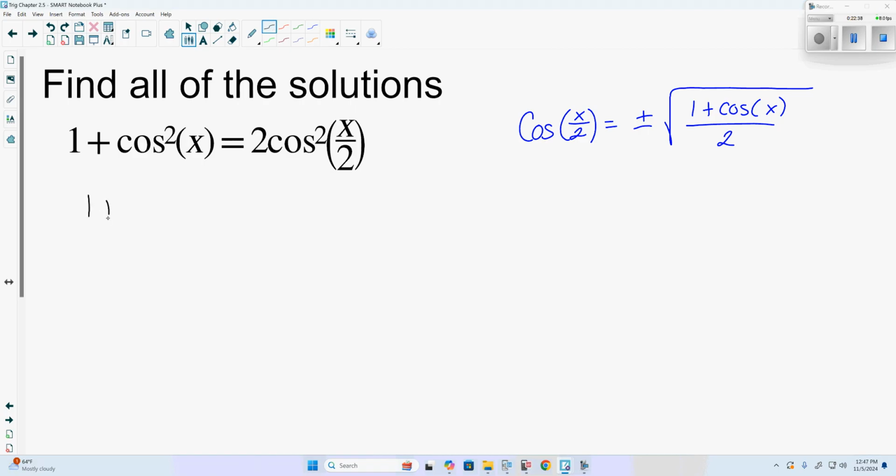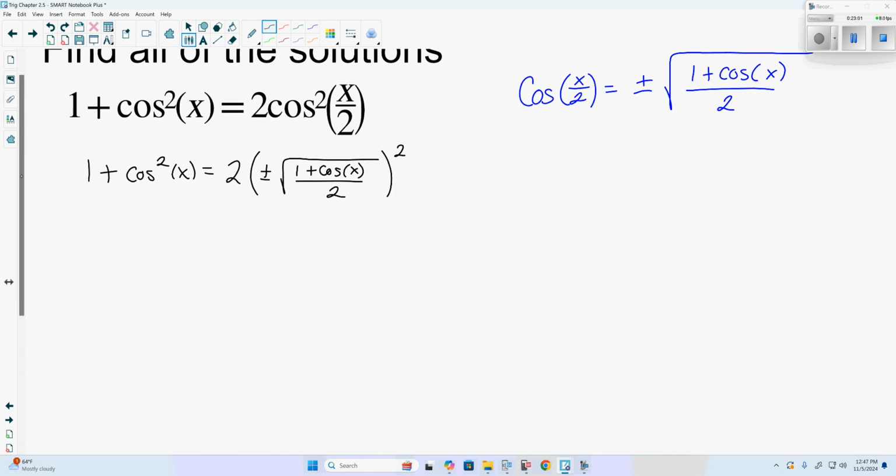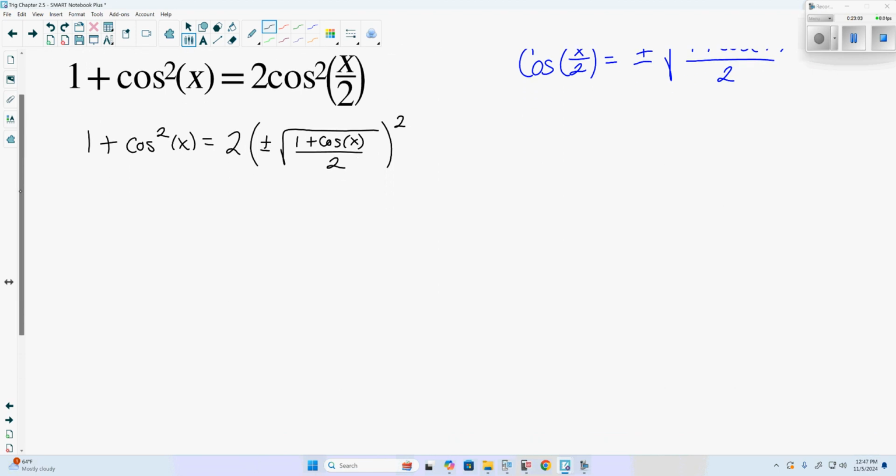Now the left-hand side is still 1 plus cosine squared of x, equal to 2 times our plus or minus the square root of 1 plus cosine of x over 2, and it's still being squared. One of the interesting things is the plus or minus: if it's positive and we square it, it stays positive.